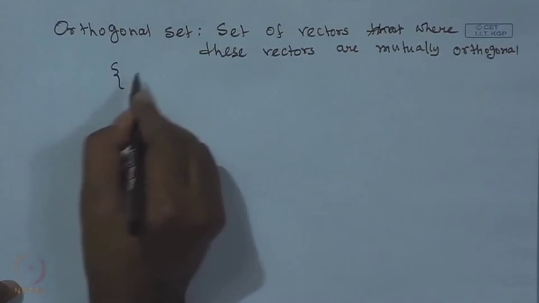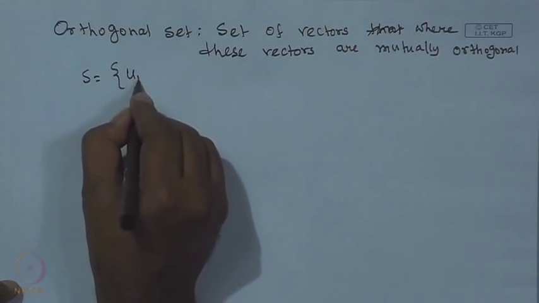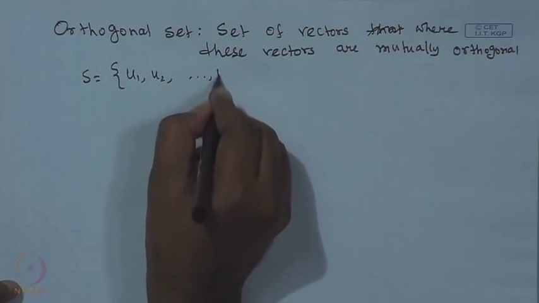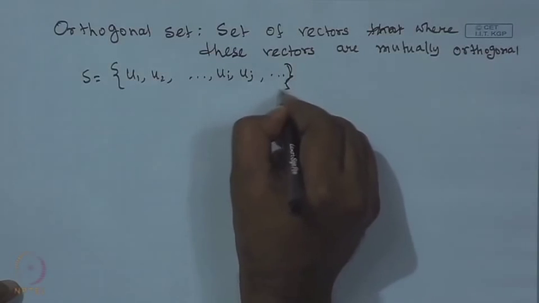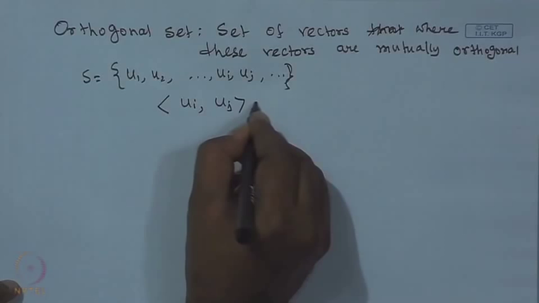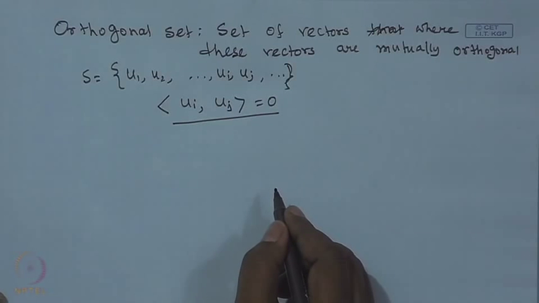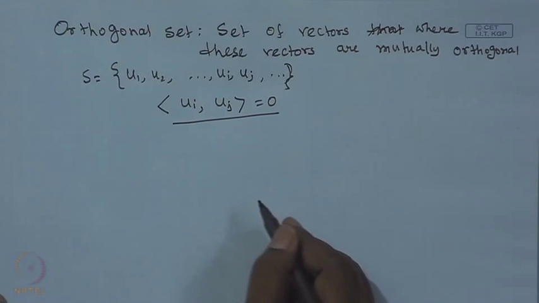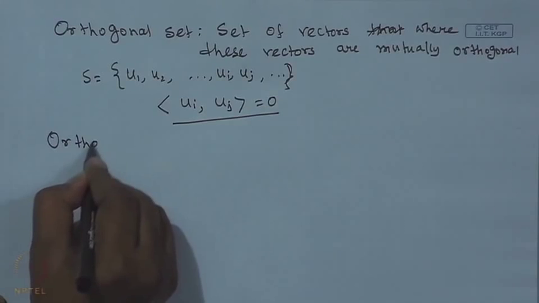That means this set will be constituted by u1, u2, ui, uj, like that. For any two vectors, if the inner product of the two vectors is equal to 0, then this set of vectors is called an orthogonal set. Then next one is the orthonormal set.